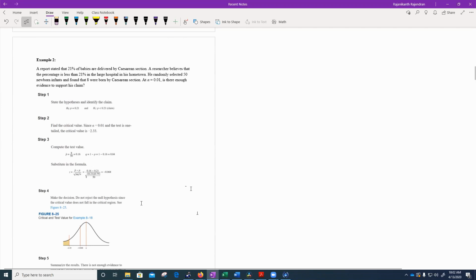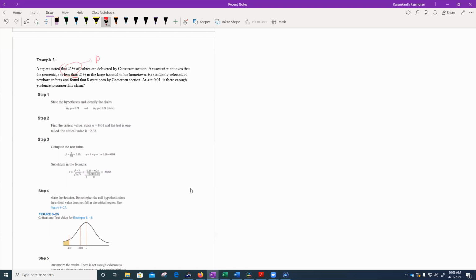The report stated that 21% of babies are delivered by cesarean section. The researcher believes that the percentage is less than 21. Whenever we see a percentage of something, we know that is going to be a proportion. So the researcher is suspecting that the little p, the population proportion, is less than 21%.